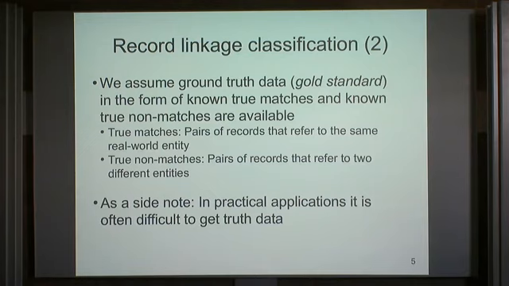The true matches are pairs of records that refer to the same entity, and true non-matches are pairs of records where we know that they don't refer to the same entity. As a side note, in practical applications, if you ever work with linked data, it's often very difficult to get such truth data. Often it's generated through manual clerical review or manual assessment of linked pairs. But we assume in everything which follows that we have such a ground truth data set available.